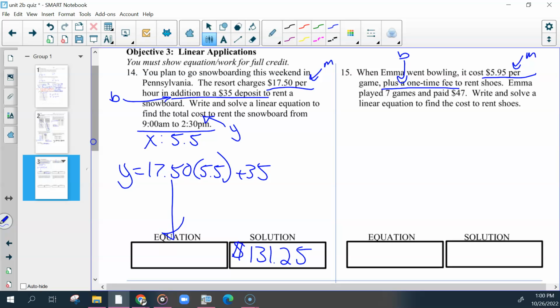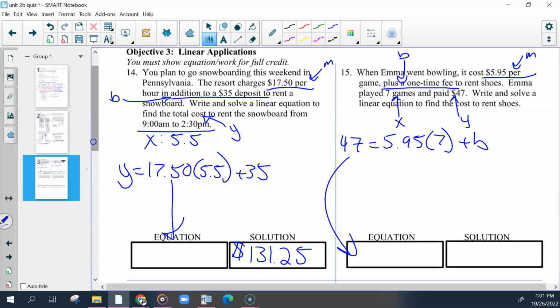Would cost depend on number of games? Cost would depend on number of games. So then we can start writing our equation. You know, our Y is 47. Our M is 5.95. Our X is 7, and we don't know B.